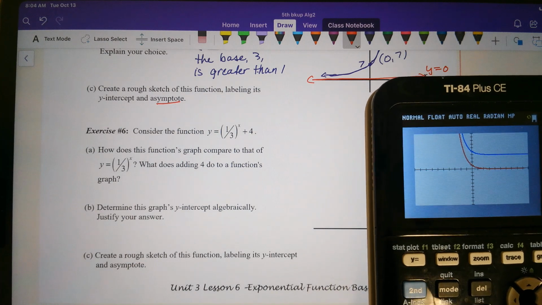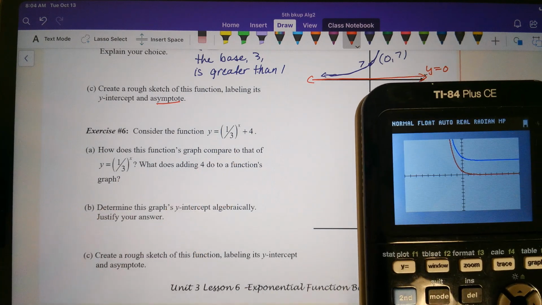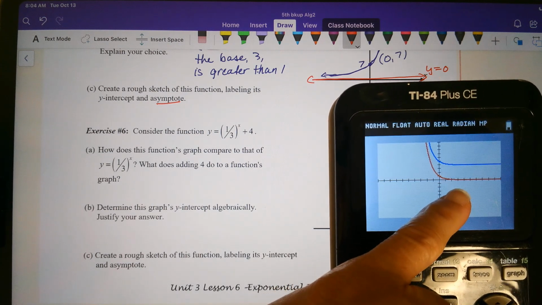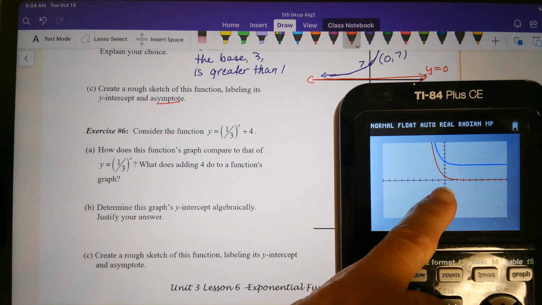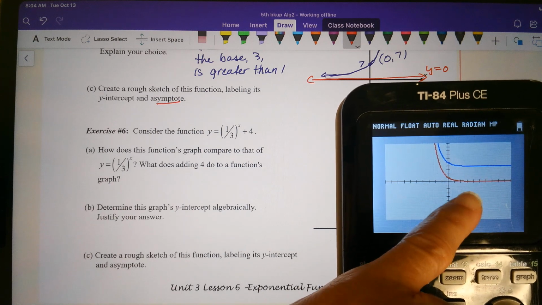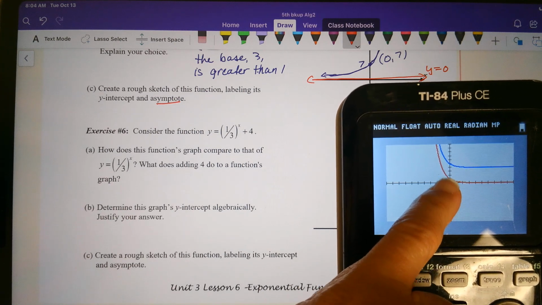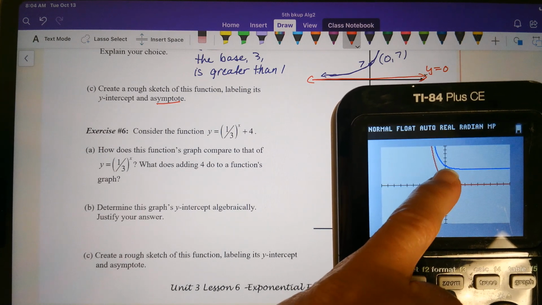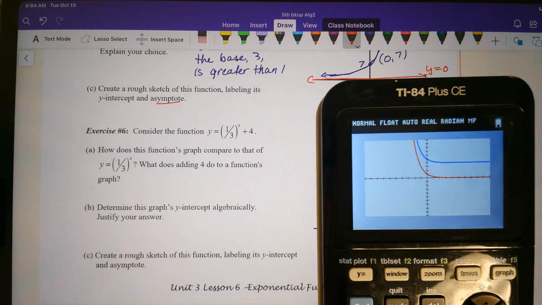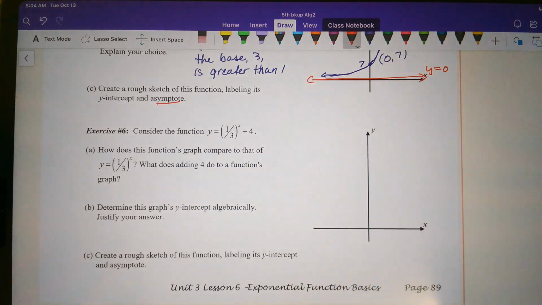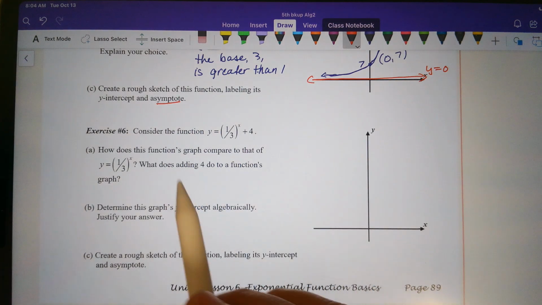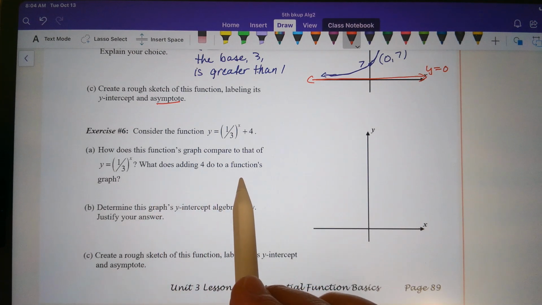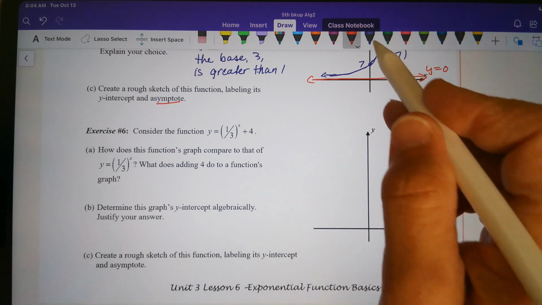We know that they're both going to be decreasing because their bases are less than 1. The red is 1/3 to the x, which has that same y-intercept of 1. And now it looks like the blue one is the same as the red but shifted up 4, right? You might recall something like that from transformations in geometry. So what does adding 4 to the function's graph do? It shifts it up 4.